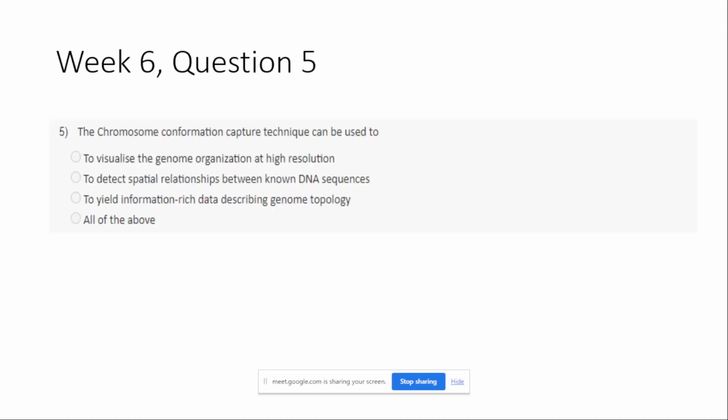Okay, so the next question is: the chromosome conformation capture technique can be used to visualize the genomic organization at high resolution, detect spatial relationship between known DNA sequences, and yield information-rich data describing genome topology, and all of the above.